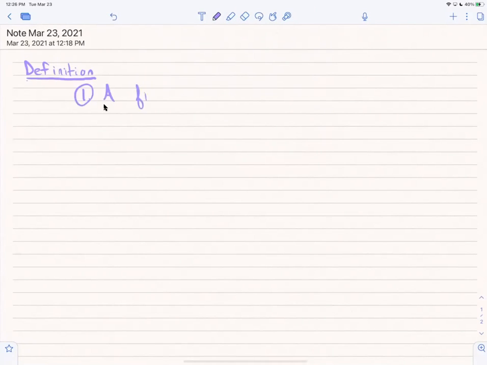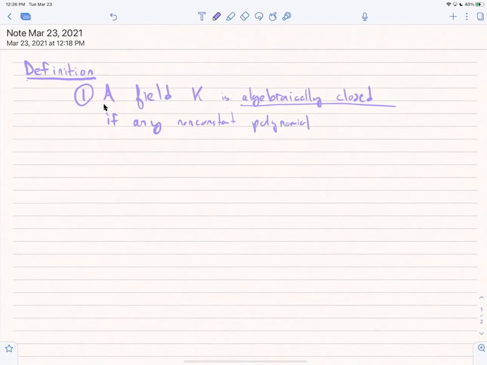So a field K is algebraically closed if any non-constant polynomial f in K[x] has a root in K. So f(k) is equal to 0 for some k in K. So a field is algebraically closed when any non-constant polynomial has a root.